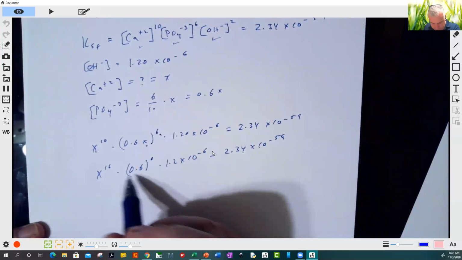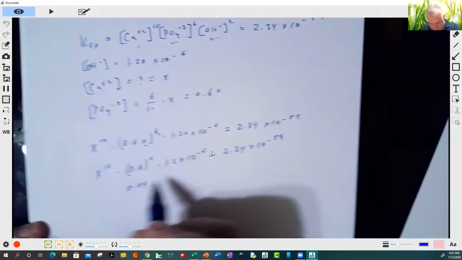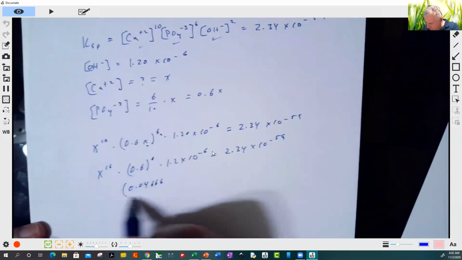We can figure out that 0.6 to the 6th is 0.04666.